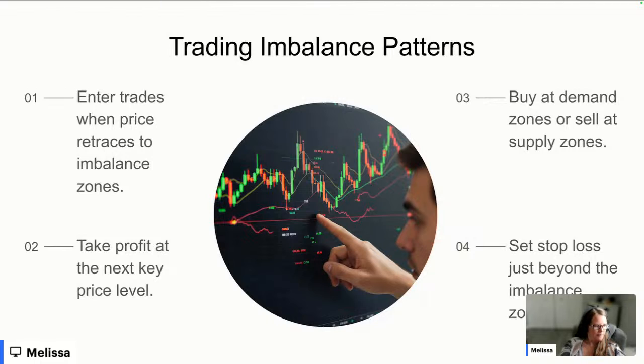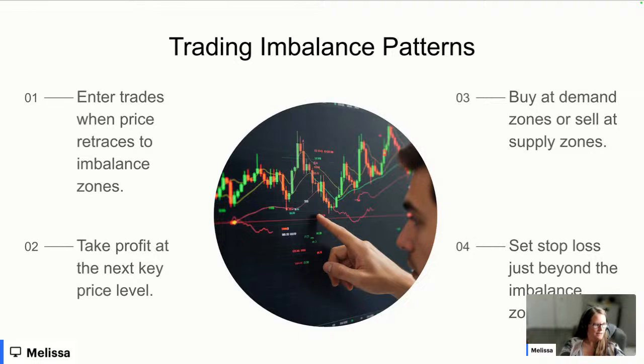Now, there are patterns that we need to be aware of with imbalance candles. When you're identifying the imbalance candles, you need to know exactly how I personally trade these setups.